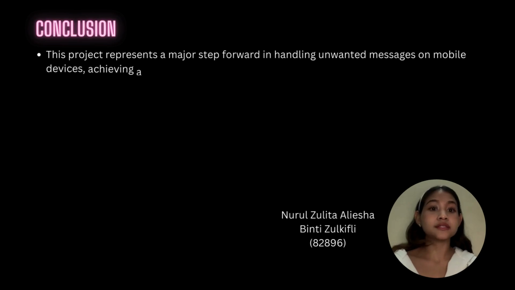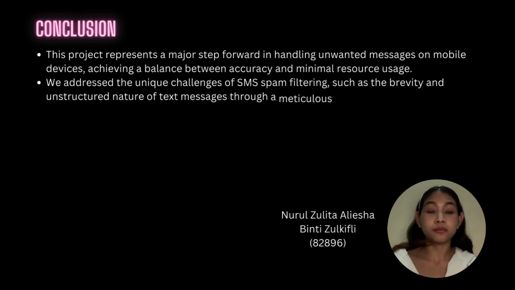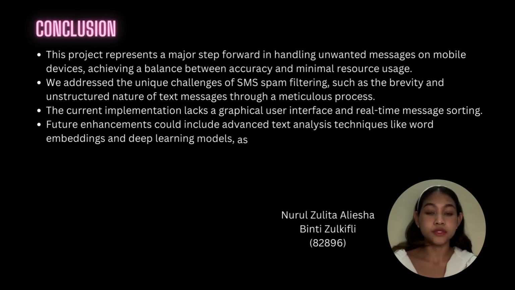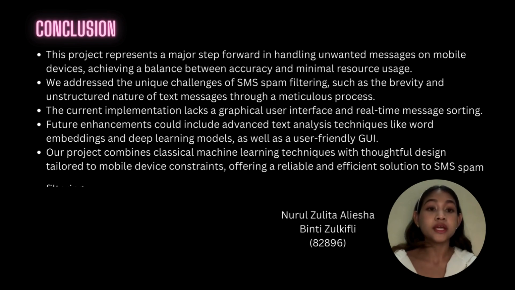In conclusion, this project marks a significant advancement in managing unsolicited messages on mobile devices by balancing accuracy with minimal resource consumption. We address the unique challenges of SMS spam filtering, such as the brevity and unstructured nature of text messages.